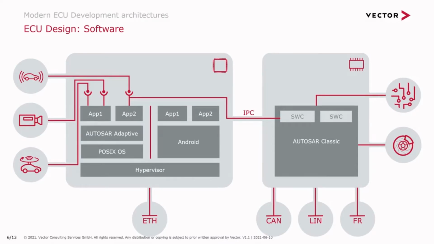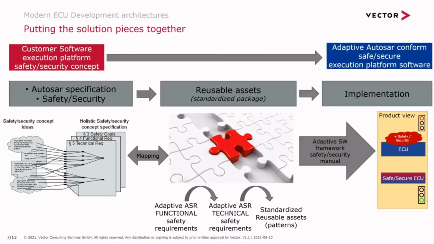Looking macroscopically at the safety topic, we have on the one side a product, safety, and maybe security concept available to some extent, maybe only as ideas or chunks, or even a mature, holistic safety and security concept which expects the safe and secure execution of software.